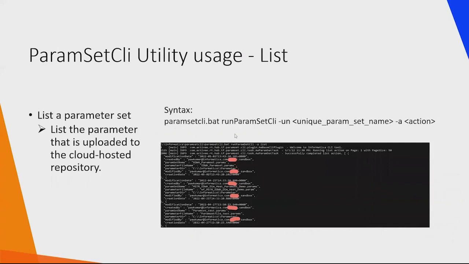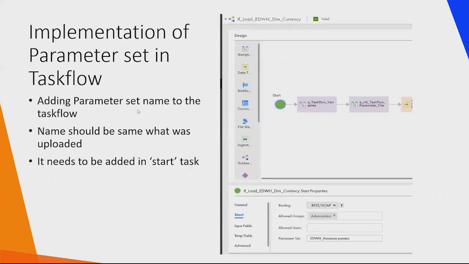So let me go now to how you implement that in the task flow. In the task flow, this parameter set name has to be defined on the start task. If you see here, this is a task flow, and on the start task, if you go to the start tab, you will see a parameter set option over here.